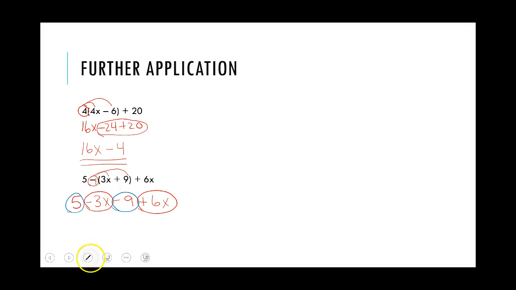So that would give me negative 3 plus 6 is a positive 3x for the red. And then 5 minus 9 is a negative 4 for the blue, the constants. And that would be your final answer.